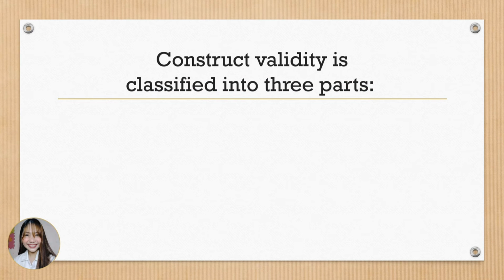Construct validity is classified into three parts. First on the list we have convergent. The term convergent validity refers to how well a scale's measurement correlates with other scale measurements. Next one, we have discriminant.